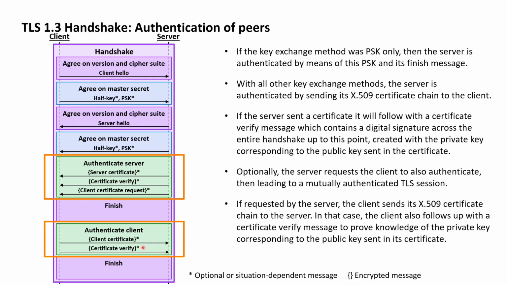If the server then successfully validates the received X509 certificate chain and the digital signature on the certificate verify message, the client was successfully authenticated as well, leading to what is commonly referred to as a mutually authenticated TLS session.